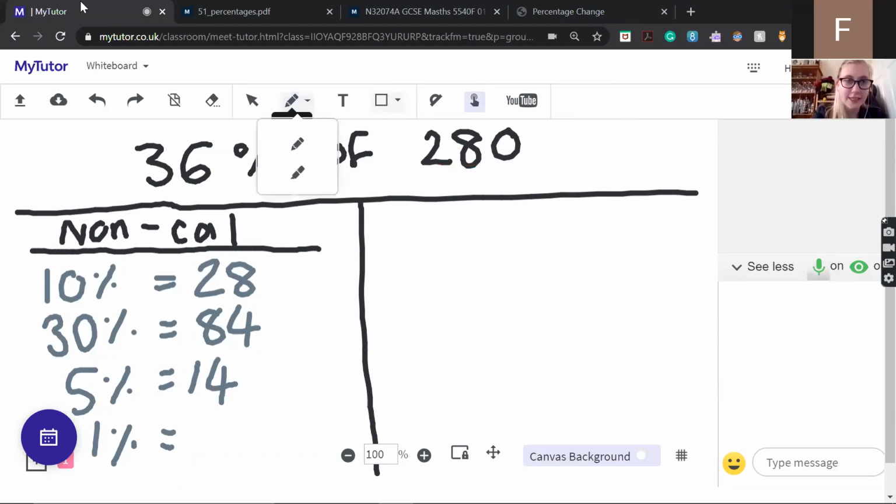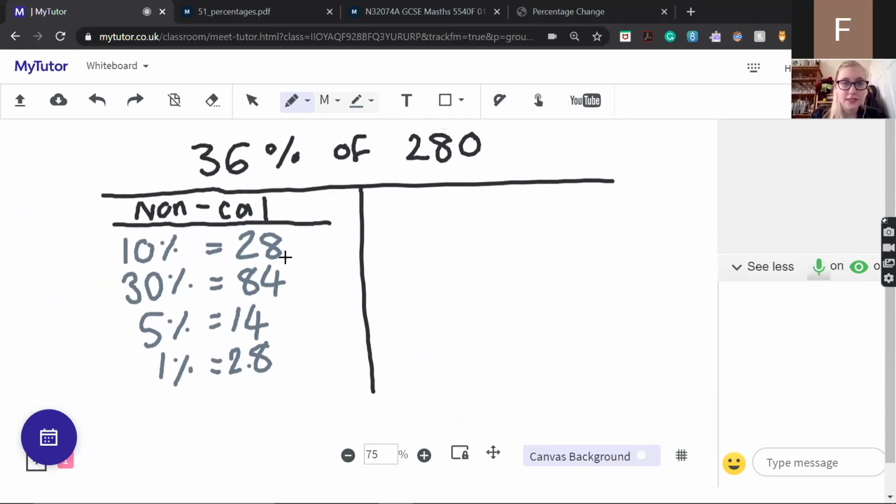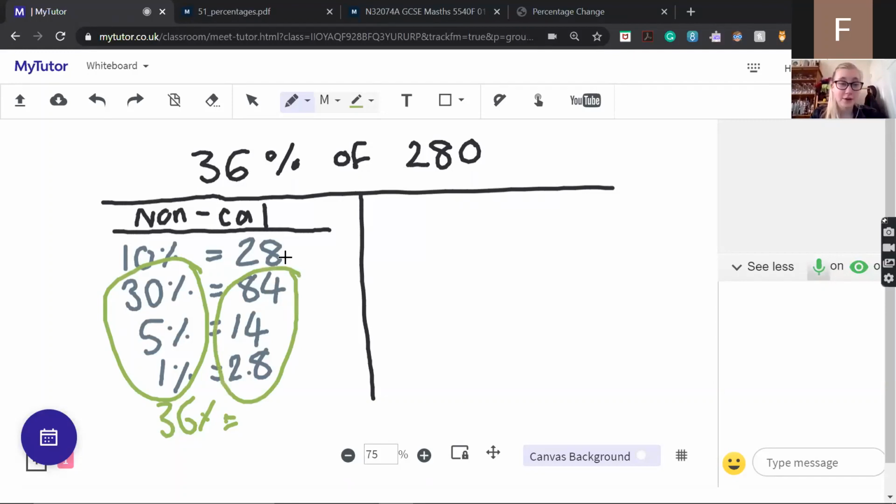So it's 2.8. And then what we do is we see, well, 36% therefore, it's the weirdest percentage sign I've ever drawn, is these three, 30%, a 5%, a 1%. So we add all of these three together. And that's going to give us 100.8, I think. I'm going to check that. I have a calculator today so that I can check things like that.